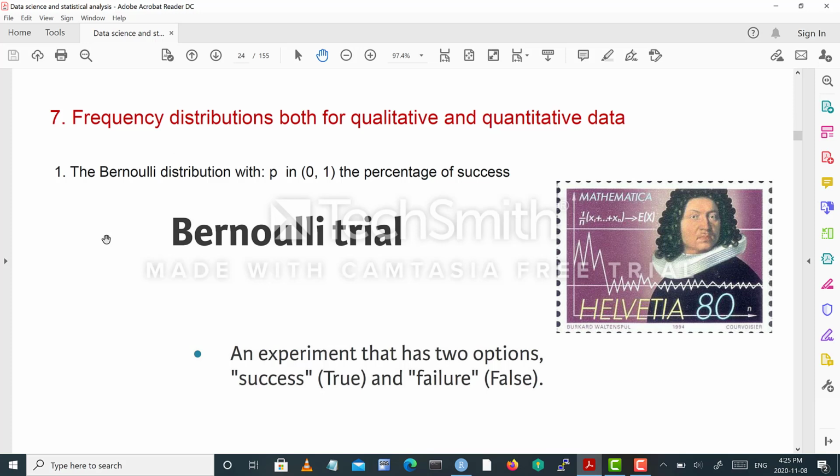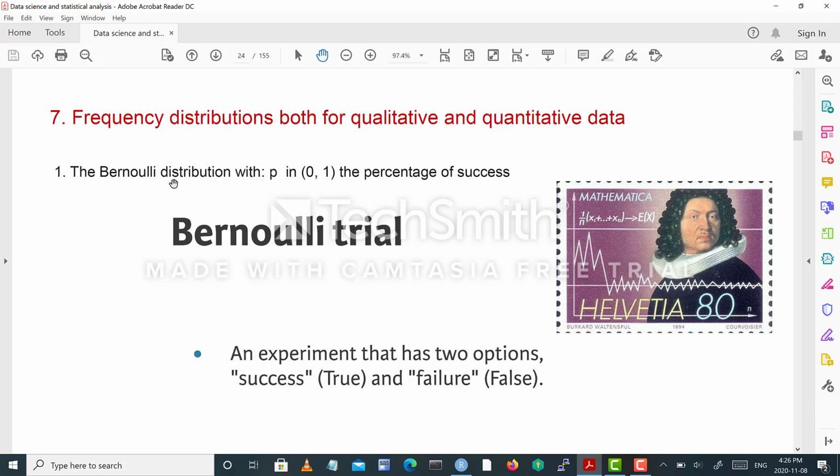Frequency distribution, both for qualitative and quantitative data. The Bernoulli distribution: if we take a p between 0 and 1, the percentage of success, it is called a Bernoulli trial, an experiment that has two outcomes: success, which is also called true, and failure, which is also called false.